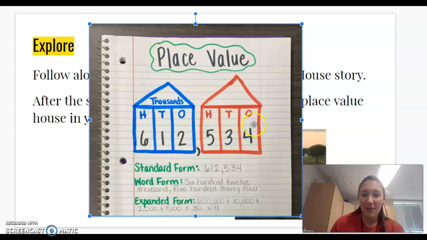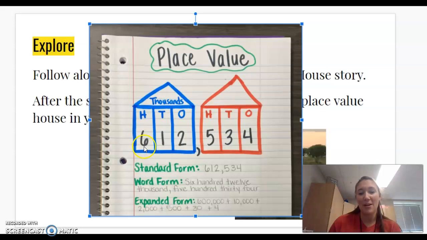Here we have each of the houses, and we have our thousands last name. Their house is in blue, and the regular one is in red. We have numbers written in, and I want you to go ahead and write that number in.